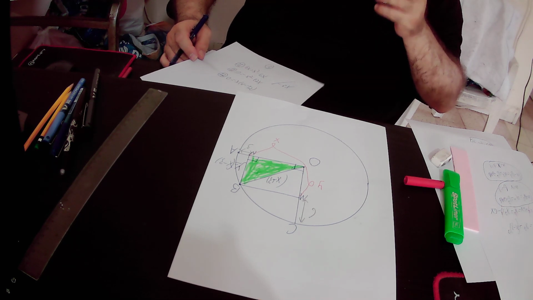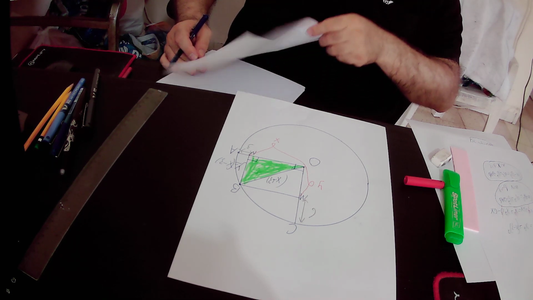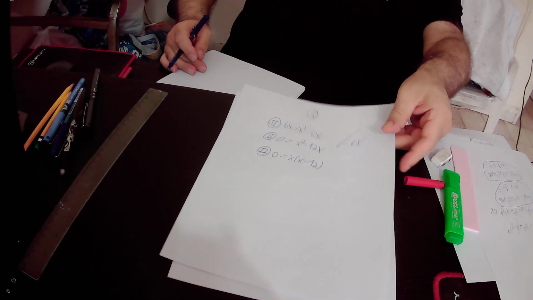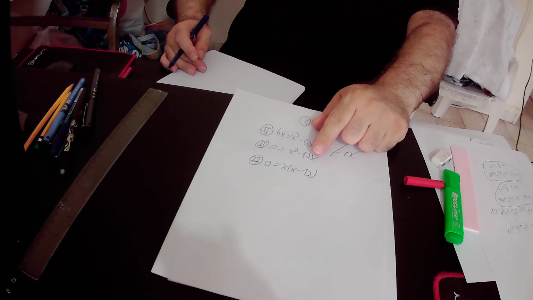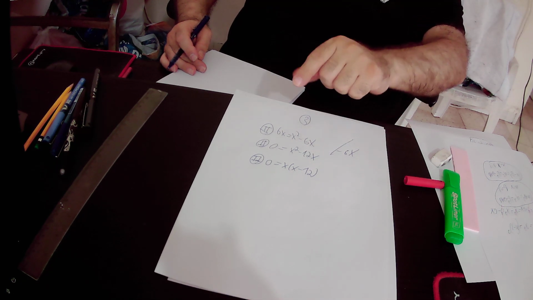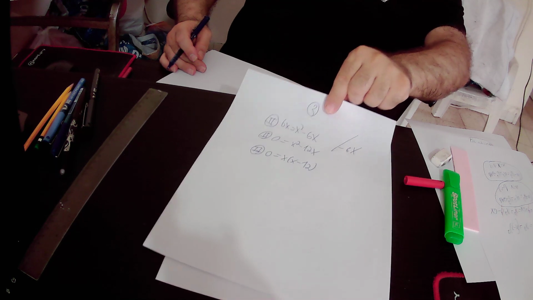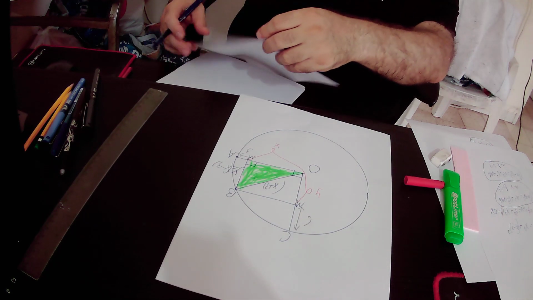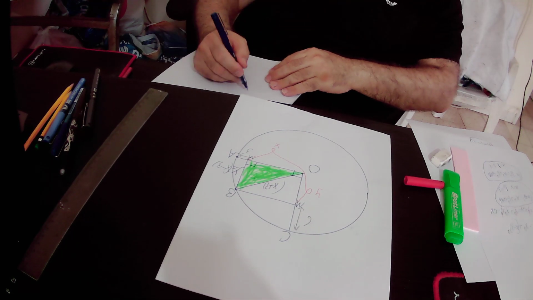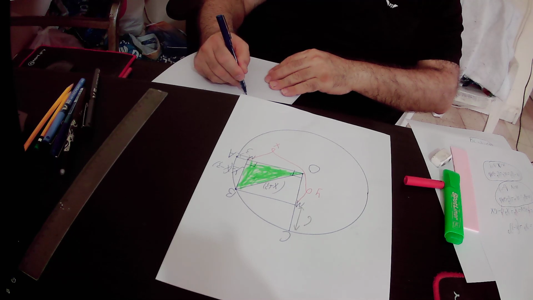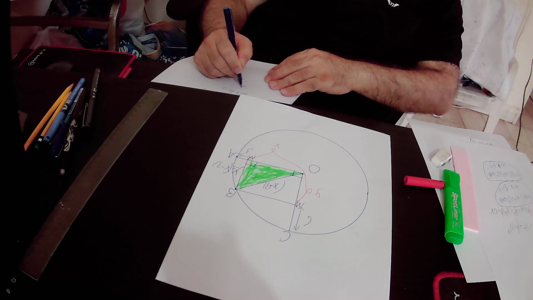So x equals 0 is not a correct solution. And the other solution is x minus 12 equals 0. So if x minus 12 equals 0, then x equals 12 units.